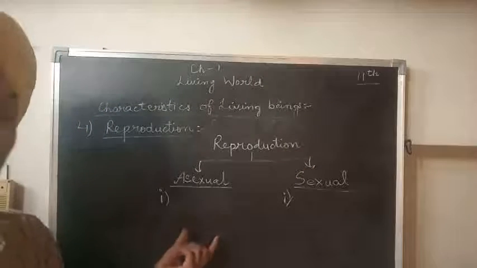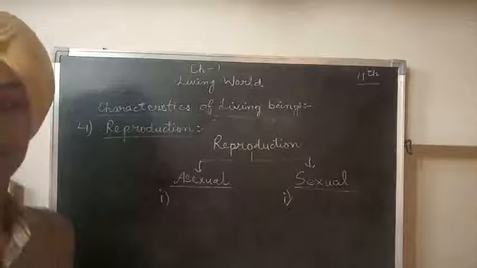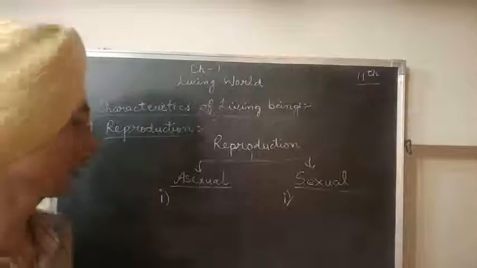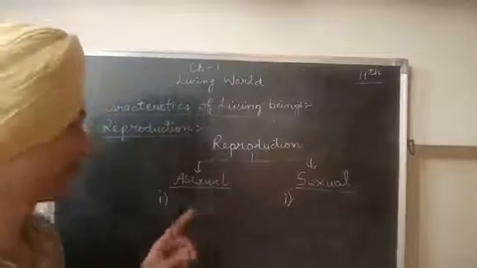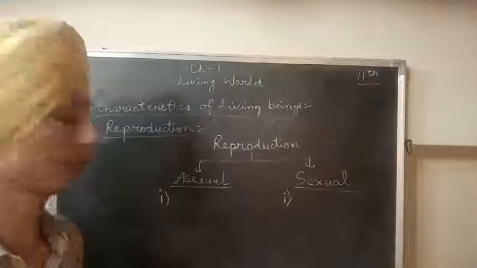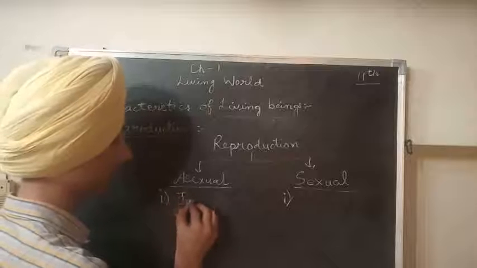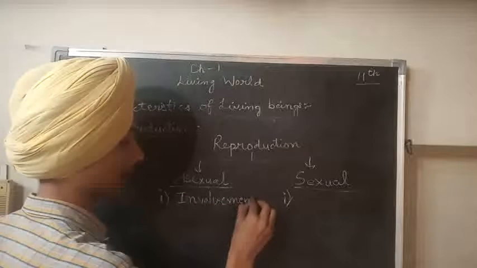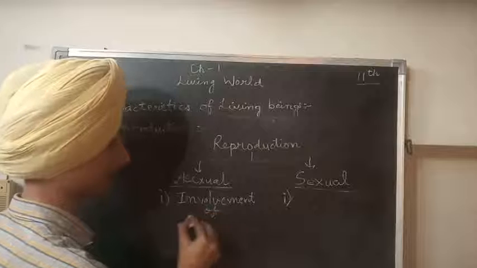In asexual reproduction, there is a process of reproduction by a single parent. In asexual reproduction, only a single parent is involved.